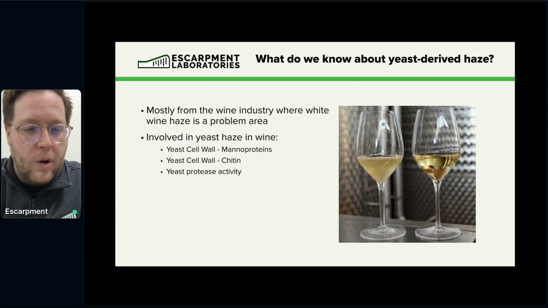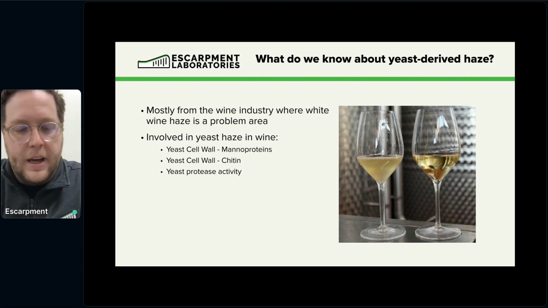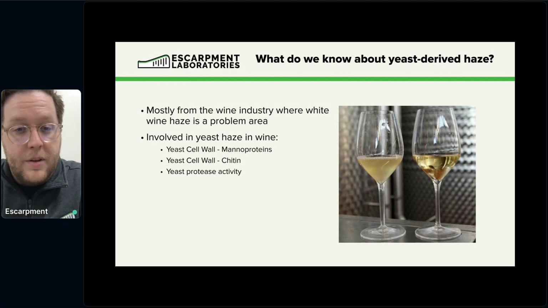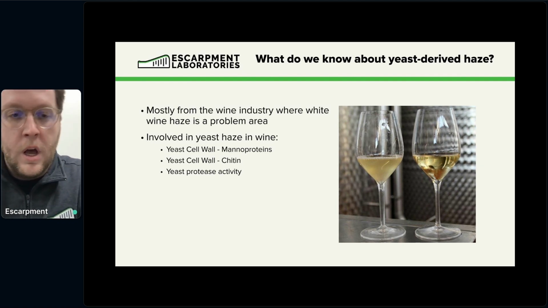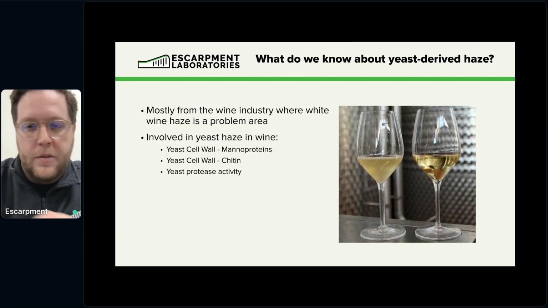It is known in wine that yeast cell wall mannoproteins can cause haze. Yeast cell wall chitin, which is another polymer, can cause haze, and yeast protease activity, so yeast secreting enzymes that break down proteins, which we talked about in the nutrition talk, can also impact haze, potentially reduce it.